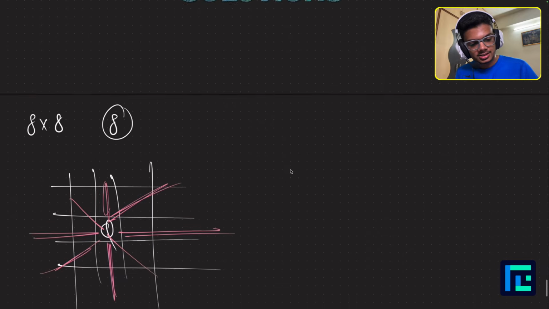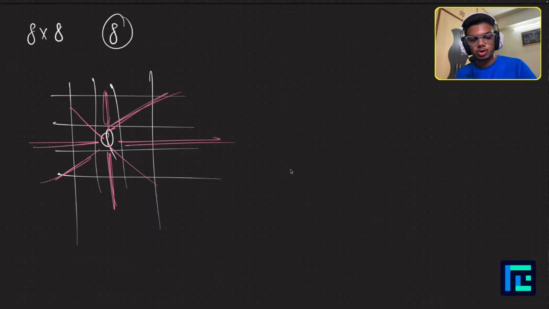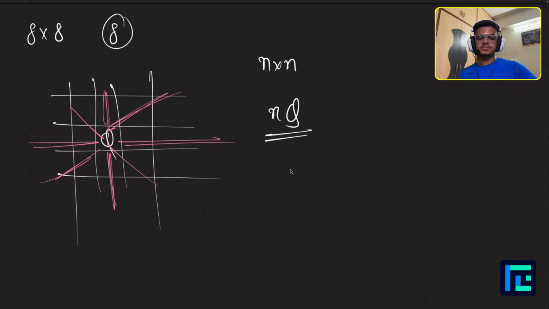The question says to find out how many ways you can place these 8 queens on this chessboard such that no 2 queens among these 8 attack each other. Now I'll reframe it: let's say we have an n by n chessboard, and I'm going to try to place n queens on it. The problem is the same, I'm just generalizing it.